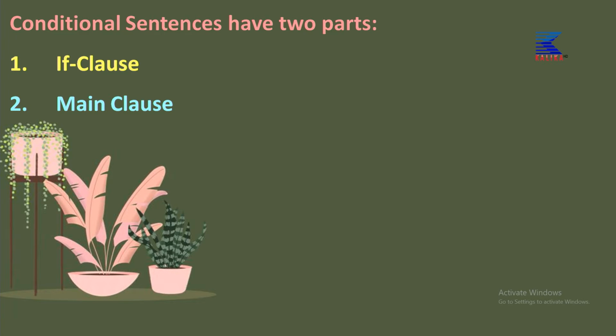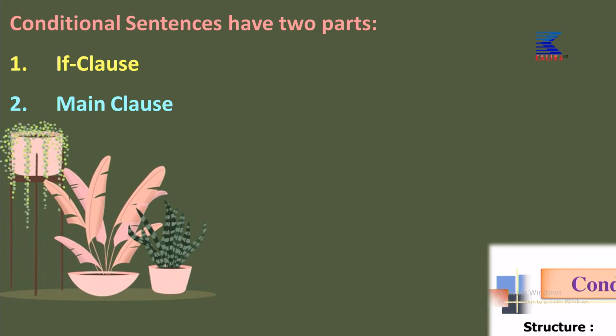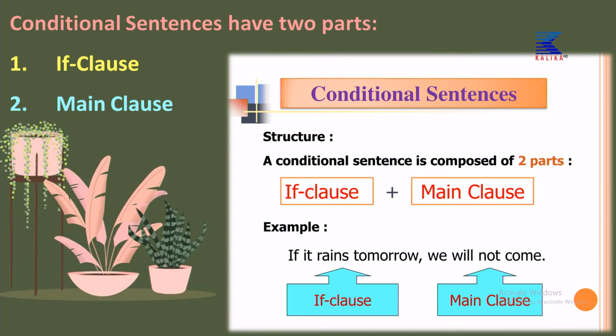Conditional sentences have two parts, if clause and main clause. See, this structure, a conditional sentence is composed of two parts, if clause and main clause. Example: if it rains tomorrow, we won't come.